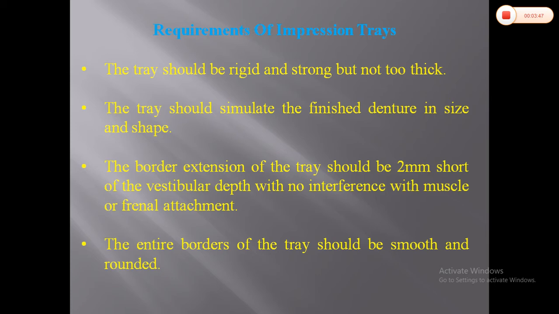The tray should simulate the finished denture in size and shape, and the border should be 2 mm short so that muscle trimming can be done and you can record the borders properly with the material placed in the tray. The entire border of the tray should be smooth and rounded. It should not injure the tissues.